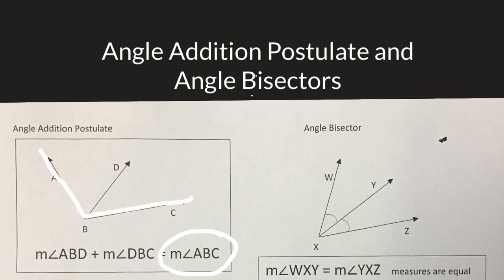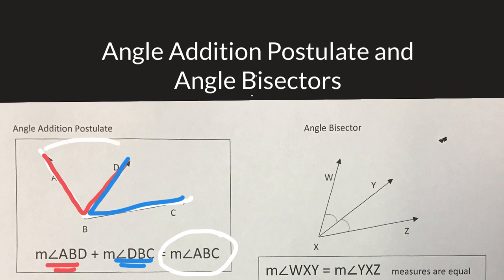The two smaller angles, namely ABD and DBC, add up to give you the entire measure of your largest angle. So that's the angle addition postulate. We can add up smaller angles and they equal the bigger one.